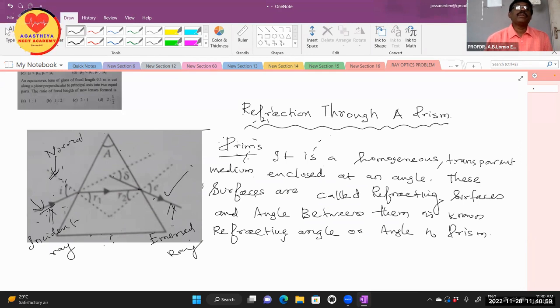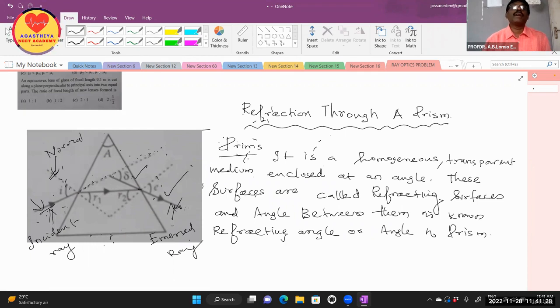If there is no obstruction for the incident ray, the light will travel along the dotted line. But due to the refraction, the final ray direction will be like this. The angle between the emerged ray and the incident ray is delta. That is called the angle of deviation.